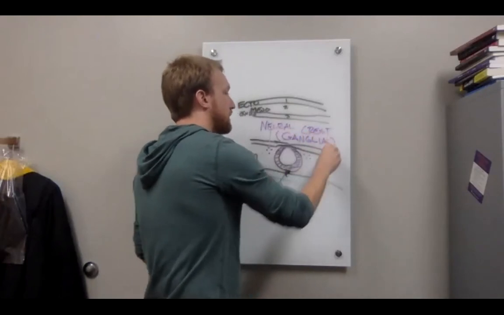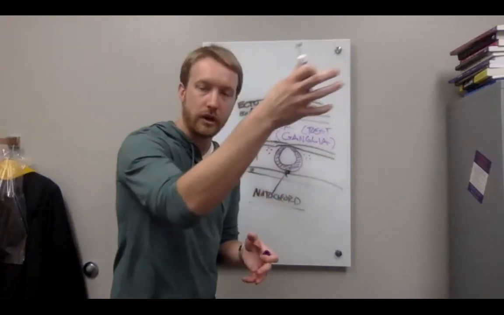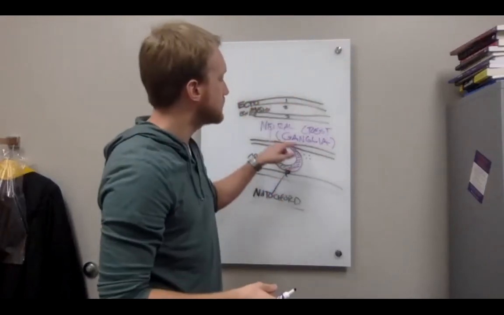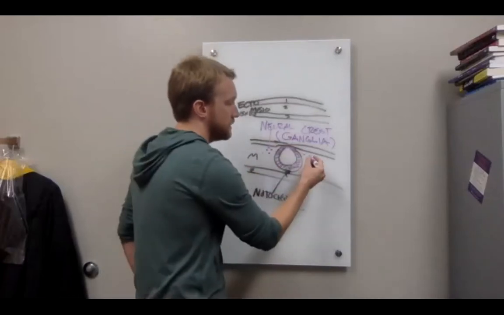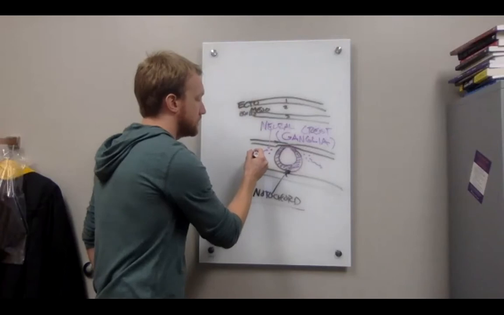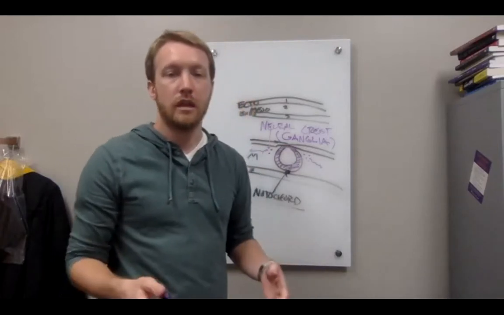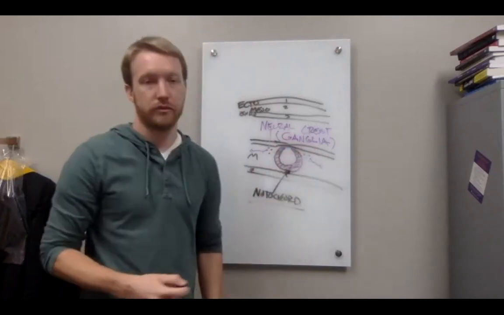Any place where we have a big collection of neurons, but it doesn't live in the brain or the spinal cord, must have been derived from the neural crest. These are going to move away and create those peripheral ganglia. Now that doesn't mean that they make the entire peripheral nervous system.